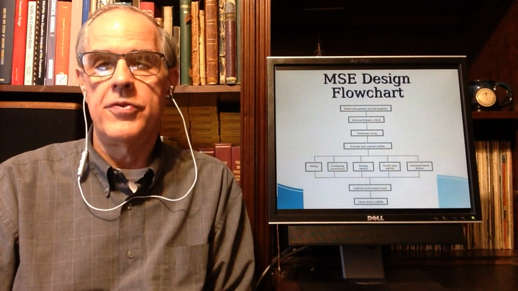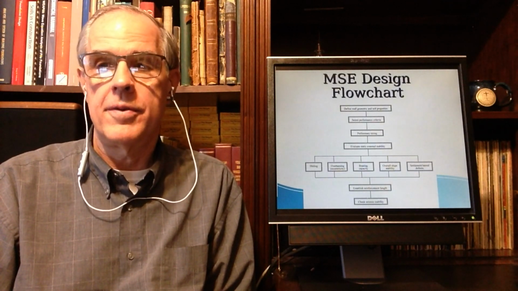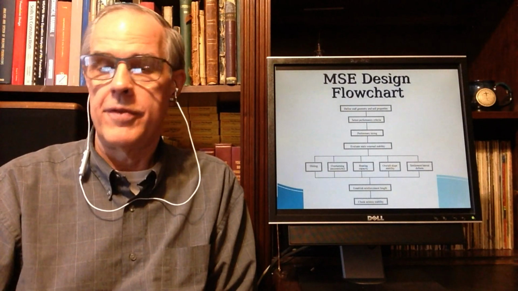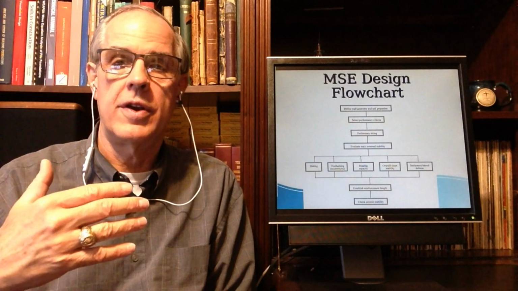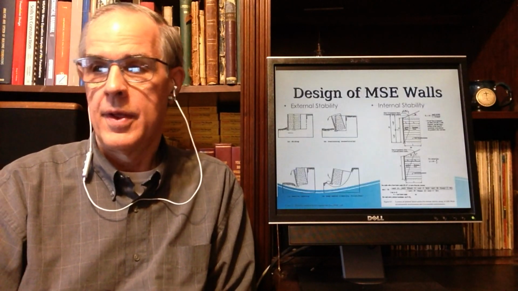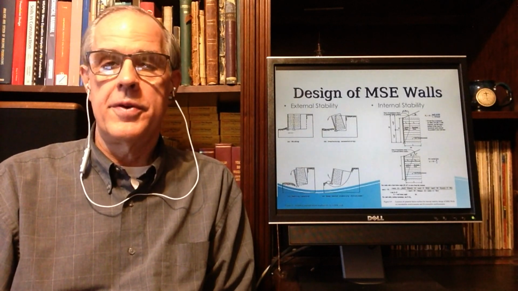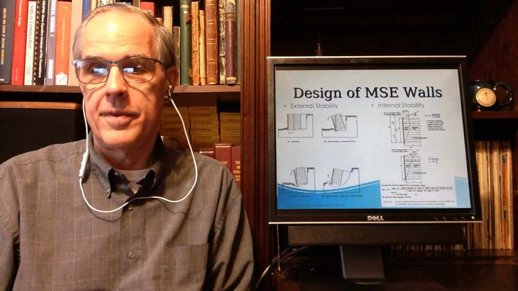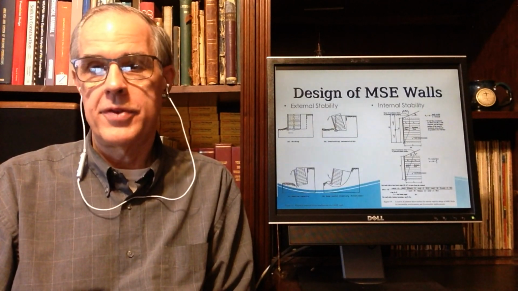And here's a little flow chart for the design of MSE walls, just a quick one. You might use this particularly if in a design project you need a little guidance. This is for the external stability part. This is same old, same old.